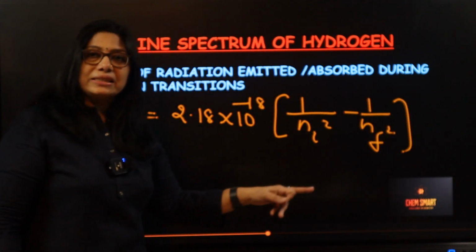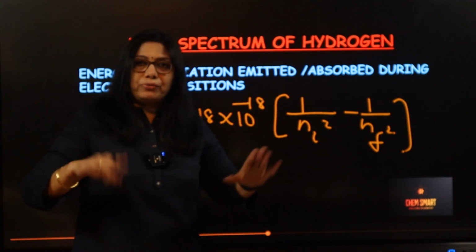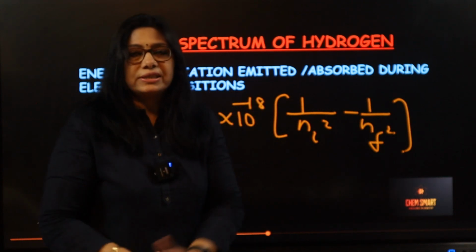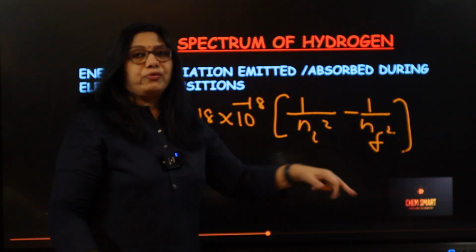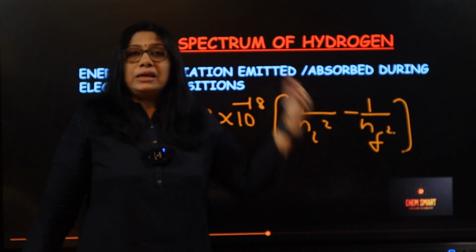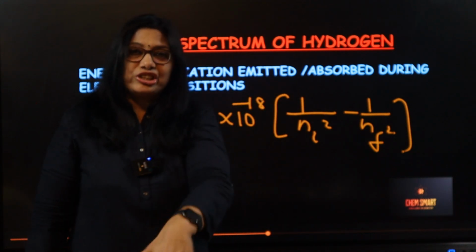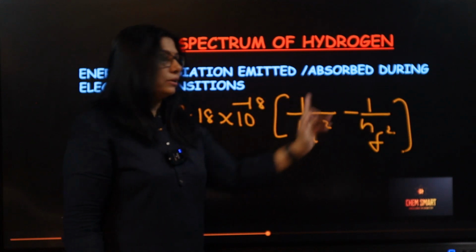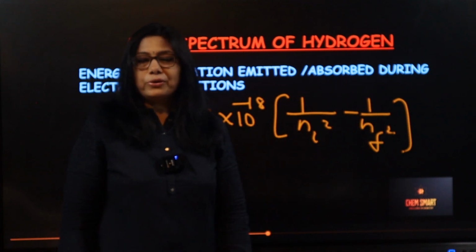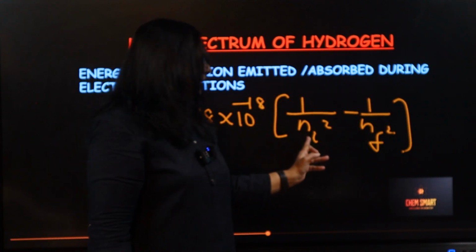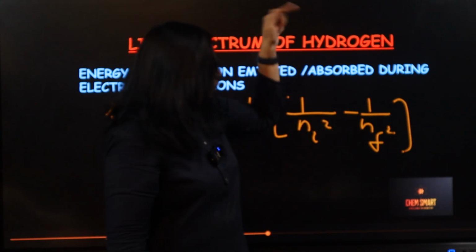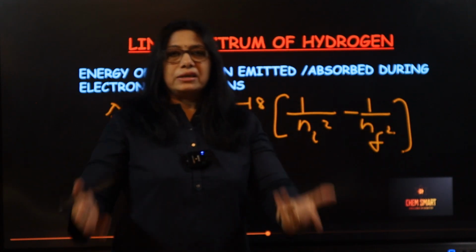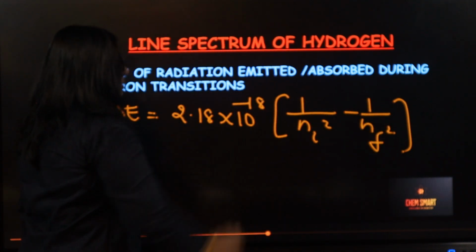Here, Ni is the initial orbit from where the electronic transition is starting, and Nf is the level the electronic transition is reaching. This is the starting point, this is the final point. So from where the electron is undergoing transition and to which level the transition is done, accordingly you will substitute.